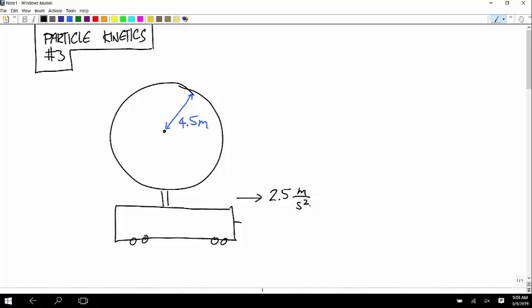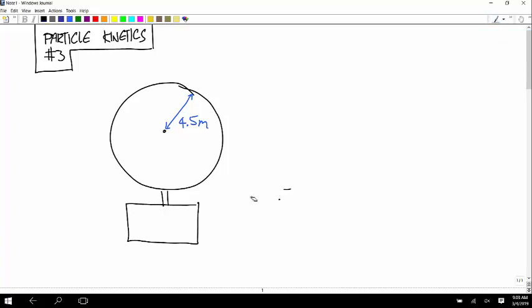The path of the train car is perpendicular. Okay, so it's not going that way. It's going this way, let's say into the page, speeding up at 2.5 meters per second squared.